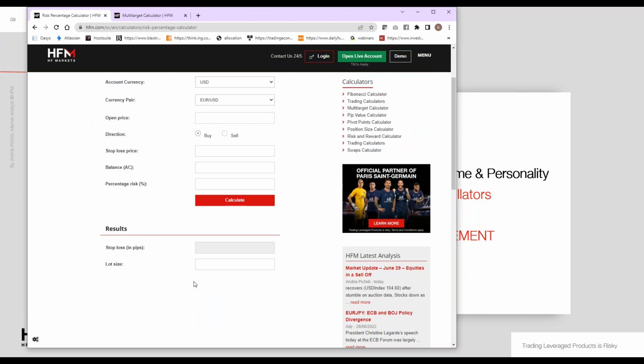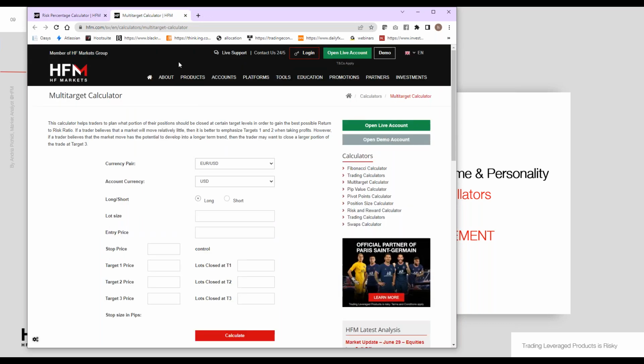So if for example you have $1,000 but you want to open a trade in euro dollar and you want to risk only $100, put that in and it will give you what should be your lot size.